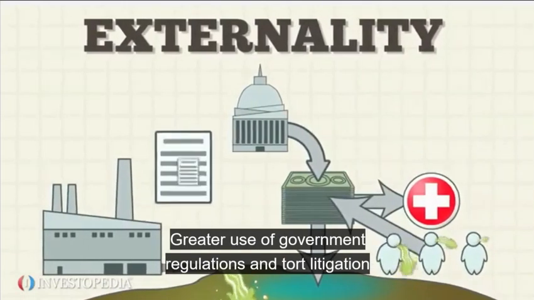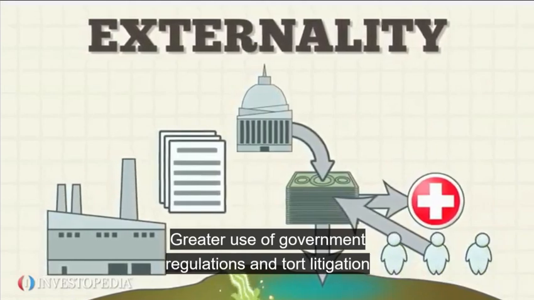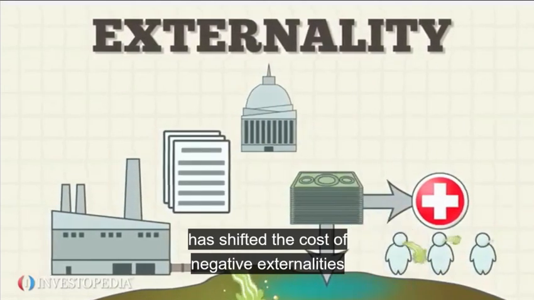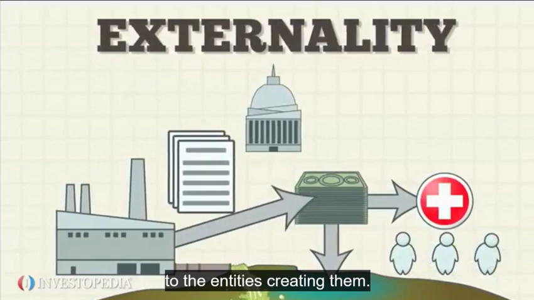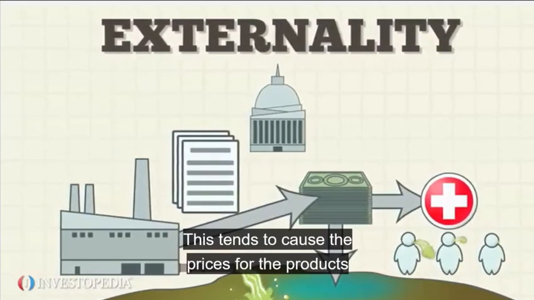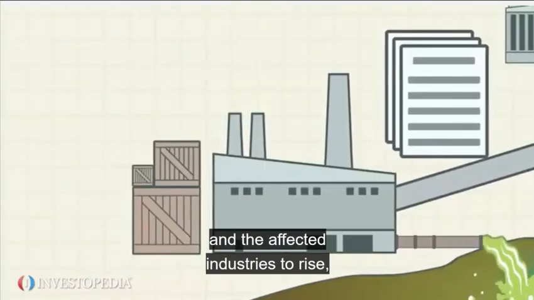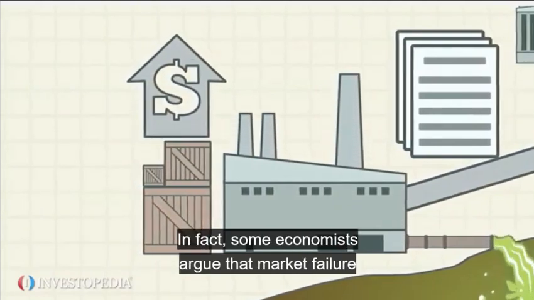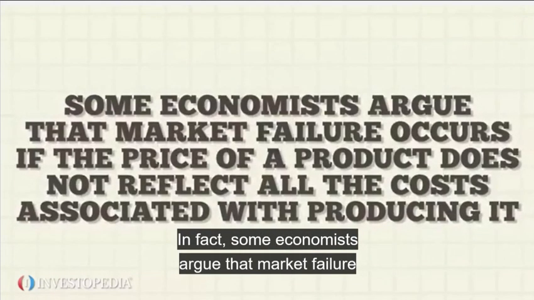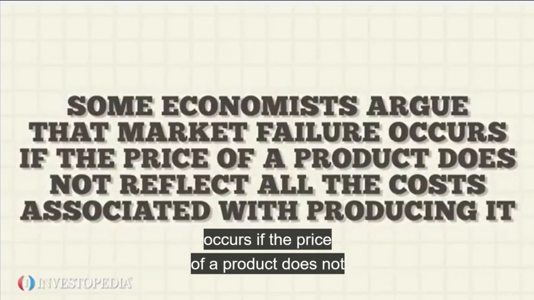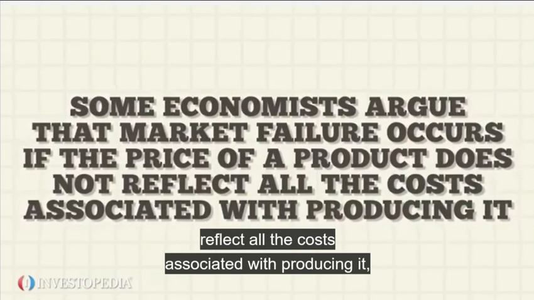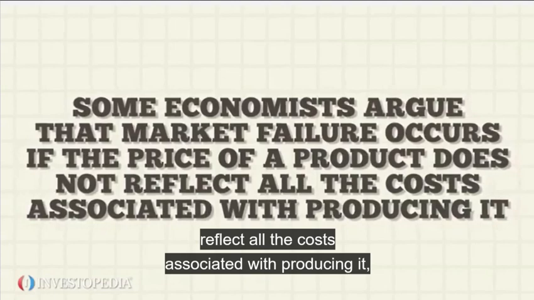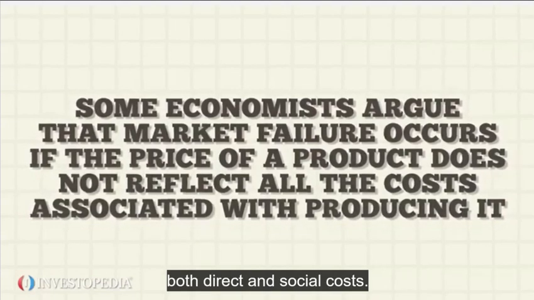Greater use of government regulations and tort litigation has shifted the cost of negative externalities to the entities creating them. This tends to cause the prices for the products in the affected industries to rise as manufacturers pass on the expense. In fact, some economists argue that market failure occurs if the price of a product does not reflect all the costs associated with producing it, both direct and social costs.